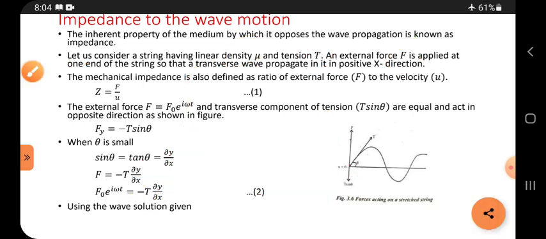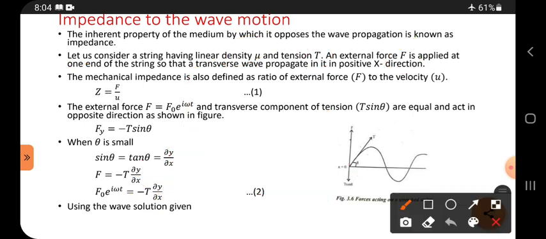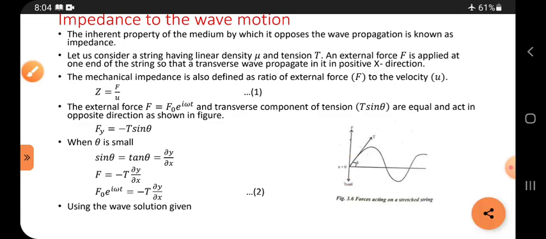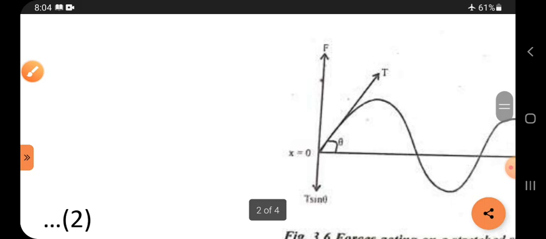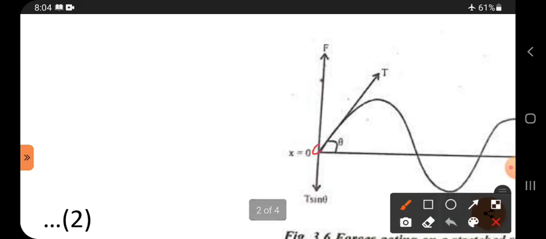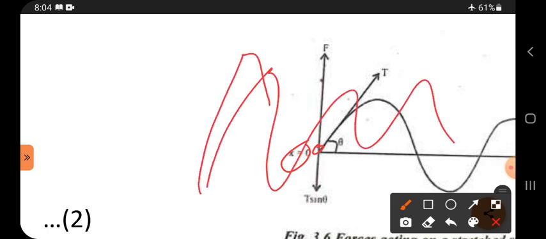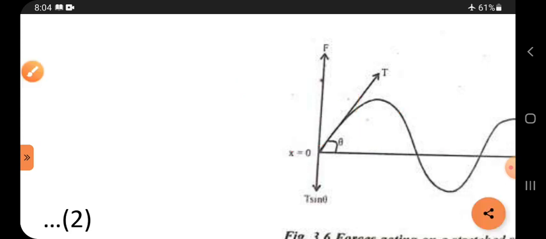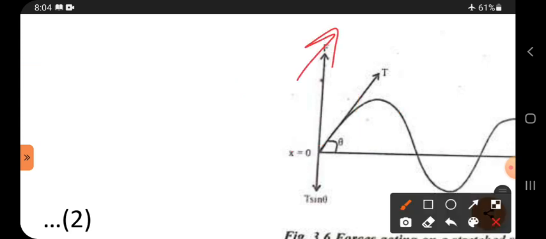So here at this end, let the position be the origin. At this point its position is x0, and at the beginning if I apply the force in the upward direction, then it starts a wave like this. The applied force F is in this direction and the tension is in this direction.